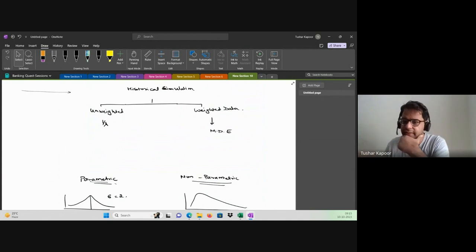There are other weighted techniques which are no longer part of the FRM, so we are not going to talk about them. But the bottom line is, when you talk about historical simulation, there could be two methods. One is an unweighted method where all historical items are given equal weight, and one wherein there is some mechanism to put weightages on the data you have been given.